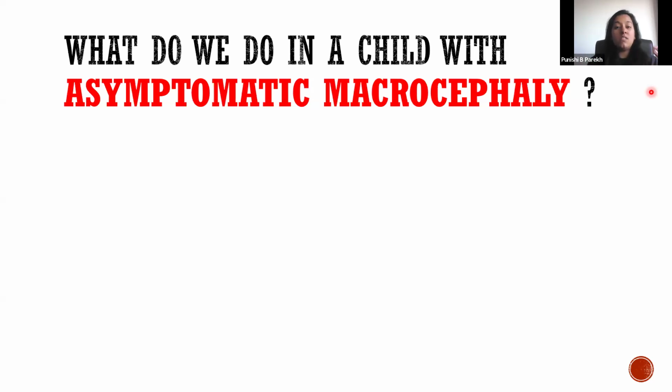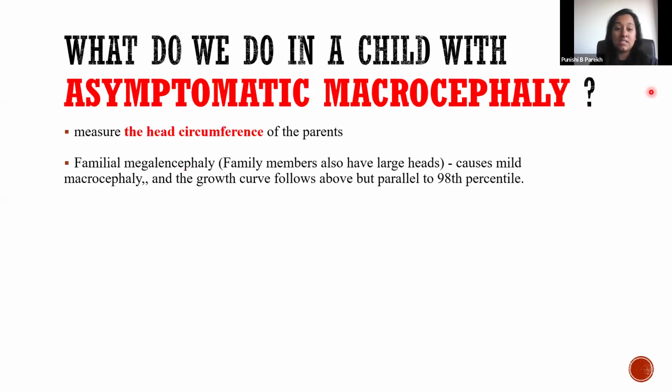It's very important that instead of panicking the parents and thinking of all that can go wrong with the child, the first thing in a case of asymptomatic macrocephaly is to measure the head circumference of the parents, because there is a thing like familial megalencephaly, where the family members have generally large heads, and that causes mild macrocephaly.